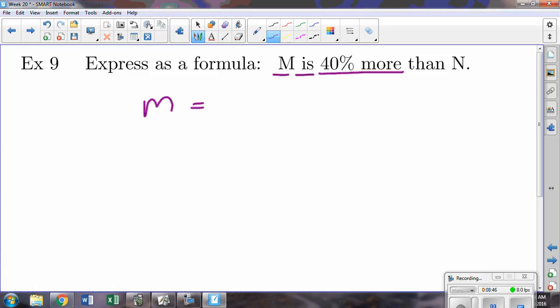How would you write out 40% more? That's multiplying by 1.4, or if you prefer, 1.40. 40% more is 140% of. And so we have 140% of N, 1.4 times N, and we're finished.